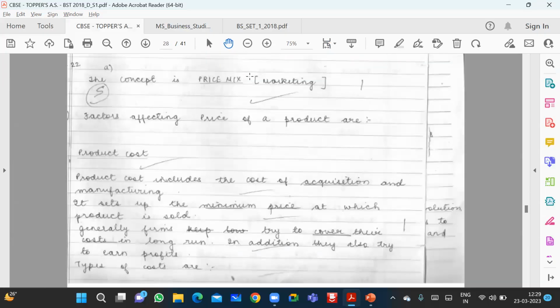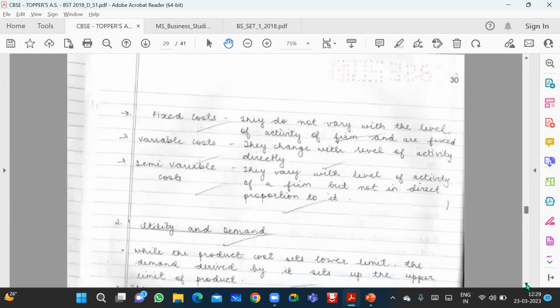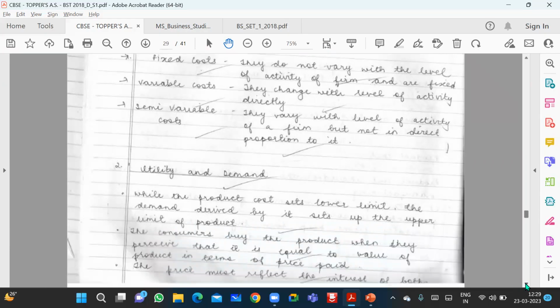You can see here, for the first factor, he has explained the product cost and given sufficient explanation, and the student has again given the detailed classification of the product cost into 3 parts: fixed cost, variable cost, and semi-variable cost. And then the student has explained the rest of the 3 points.